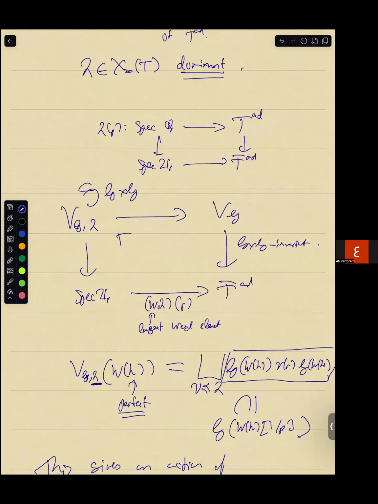Sorry, I had a question. You can construct Rapoport-Zink spaces by this method? Can you also prove something about the integral model, that it is representable? Yeah, because these are all integral, I mean, these are all formal objects. And yes, you get the representability.